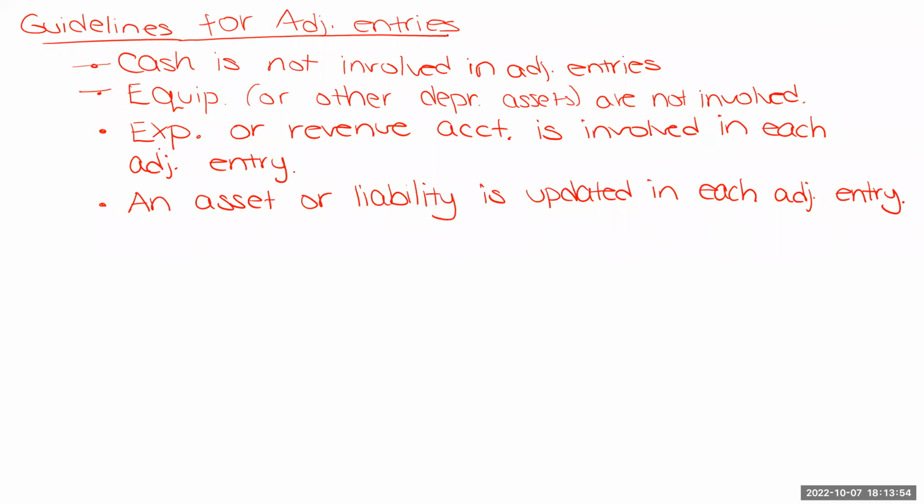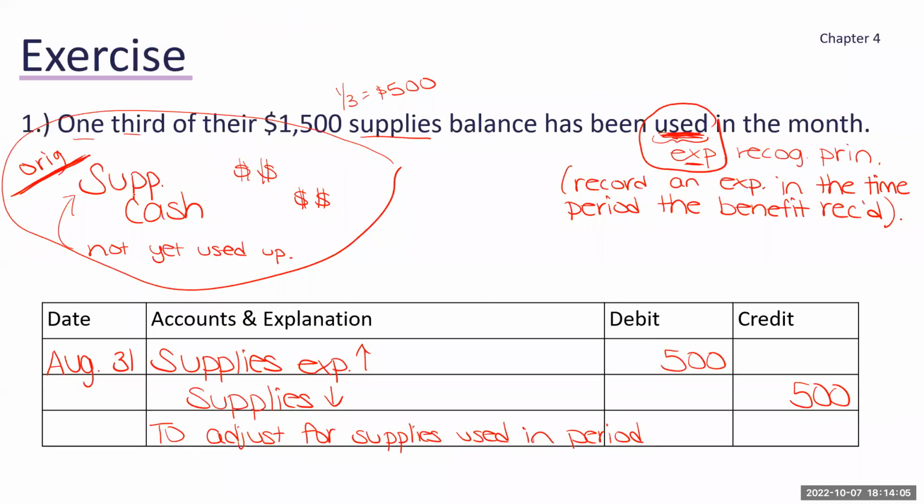We need to have either an expense or revenue account involved. We did, we had supplies expense. And then there needs to be either an asset or a liability that's being updated. And that's true. We were updating the supplies account to the correct balance to show what we had used. Okay, so that's your first adjusting entry. Hooray, you did it. Yay.